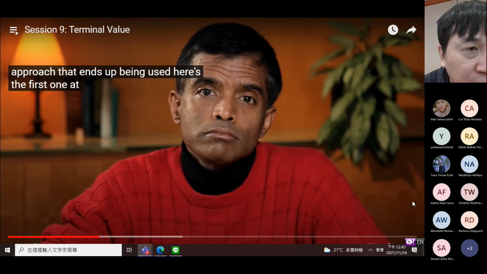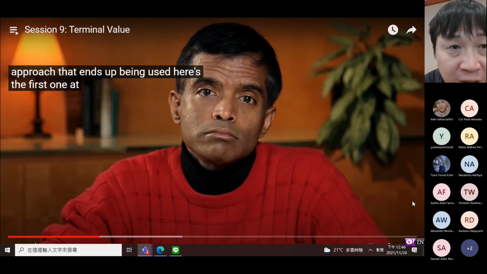Relative approach means that while you do valuation, you search for a relative benchmark. For example, you want to value one company's stock price.